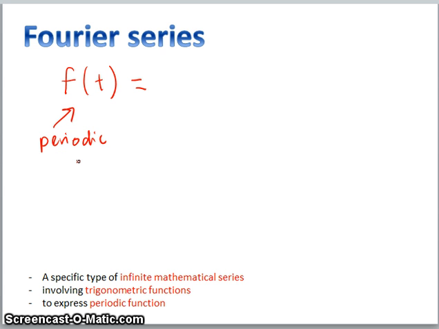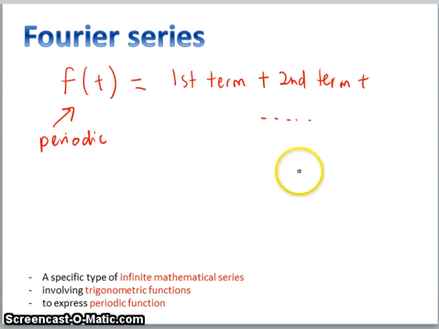And since the Fourier series is a type of infinite mathematical series, I can say that this function can be defined as a summation of the first term of this function plus the second term of this function plus so on and so forth until the infinite term.